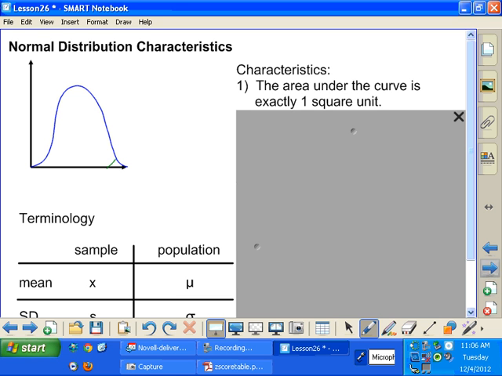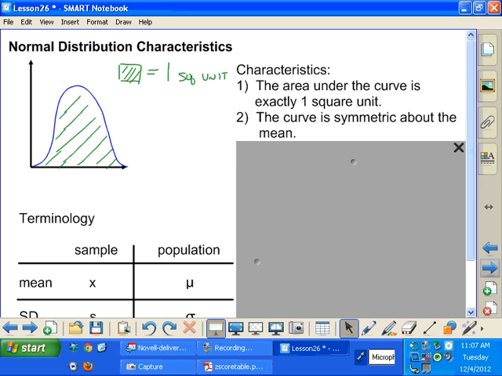So the area, my green here, is equal to 1 square unit. So the area under that entire curve is equal to 1. All right, very, very important. Second one, the curve is symmetrical about the mean. So we talked about the location of the hump matches up with the location of the mean.